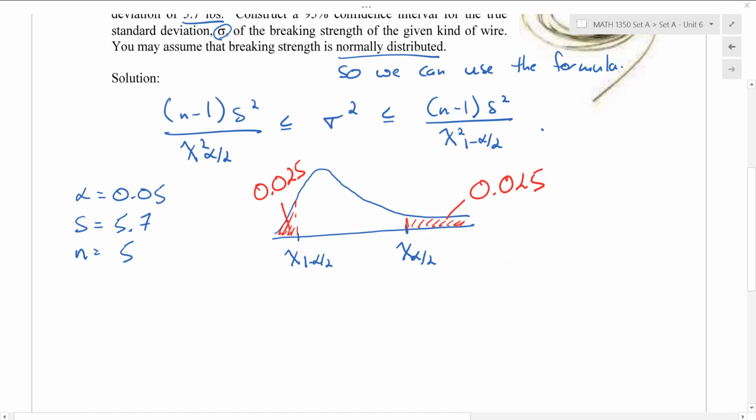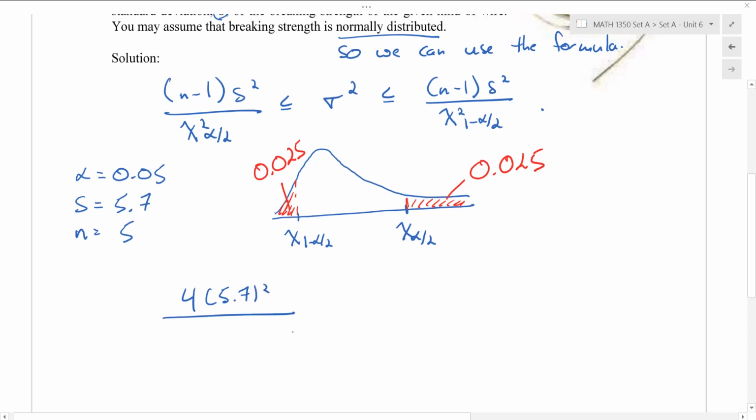We can do this all at once. Let's start to substitute the values that we know in our formula. So n minus 1 is 4, and let's square the standard deviation. We're going to go ahead and divide by chi-squared alpha over 2. So let's use our qchisq function. This one will be coming from 97.5% with 4 degrees of freedom.